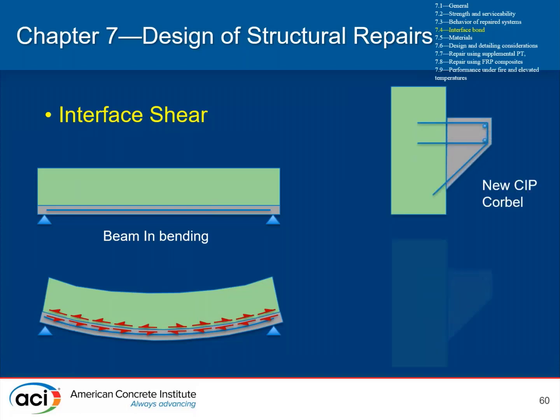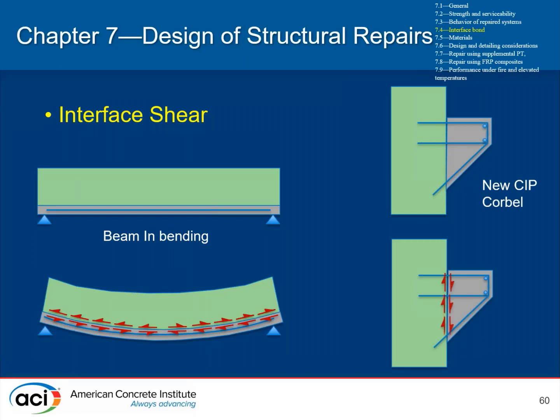For instance, in a new corbel that's installed, obviously we have shear that is required across that interface, and in accordance with ACI 318, and what we'll talk about in a few minutes here, is how the reinforcement across that interface impacts that continuity, and also what's required in terms of capacity for shear.